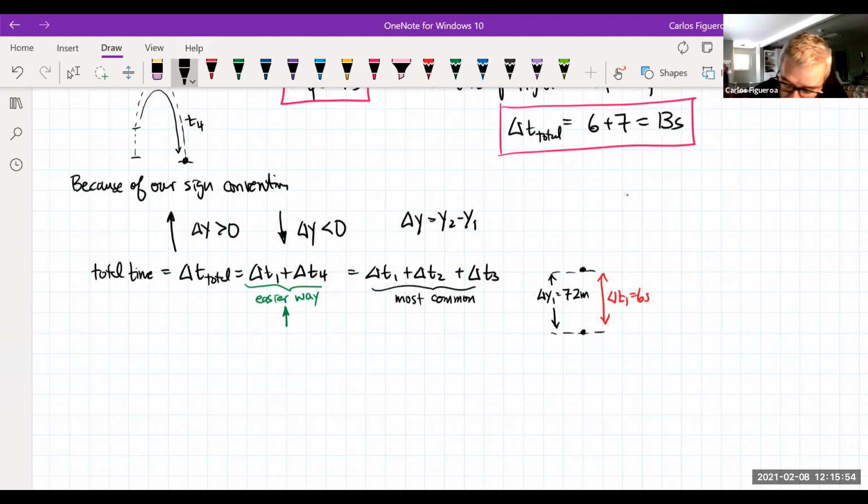Now, the issue at hand here is that this goes all the way up and it comes all the way down. And so we could see here that this thing starts off at 72 meters.